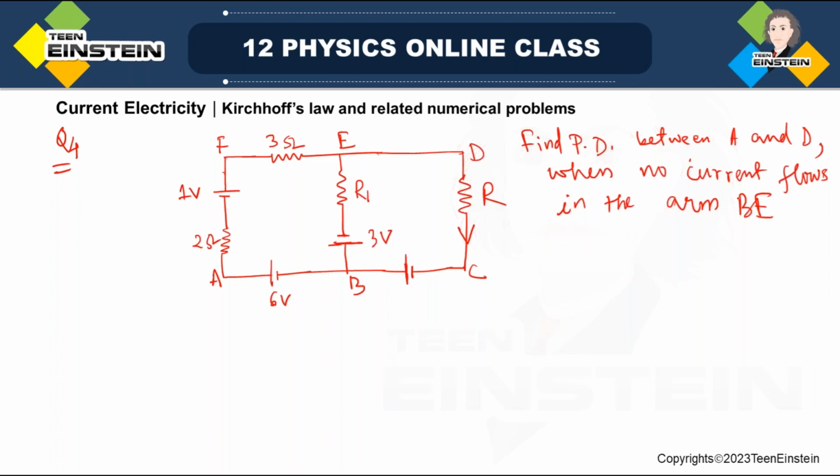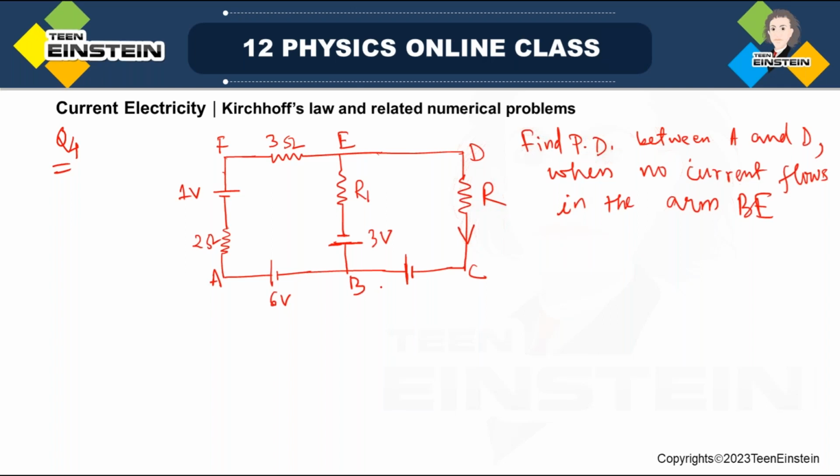Okay, so BE is this one, right? When no current is flowing through this BE, what is the potential difference between A and D? So that is what we have to find out.